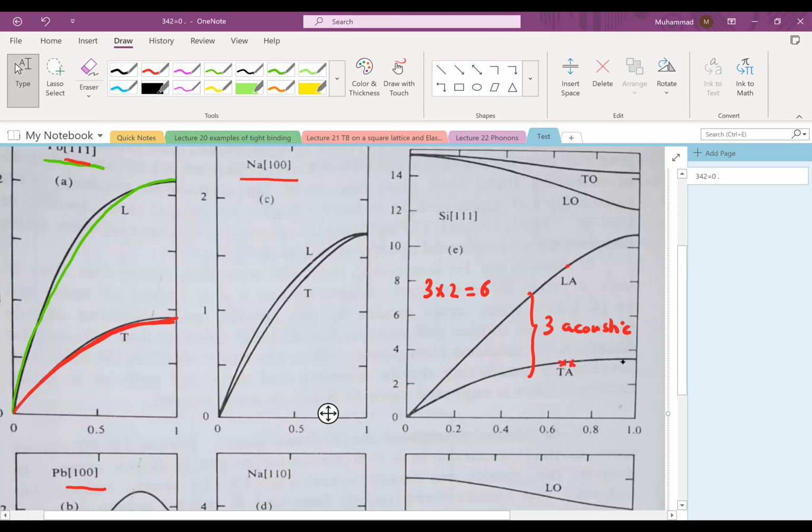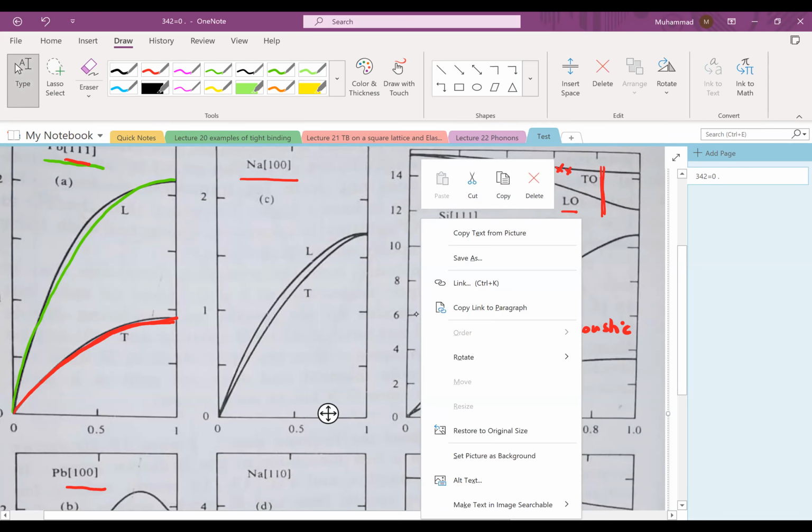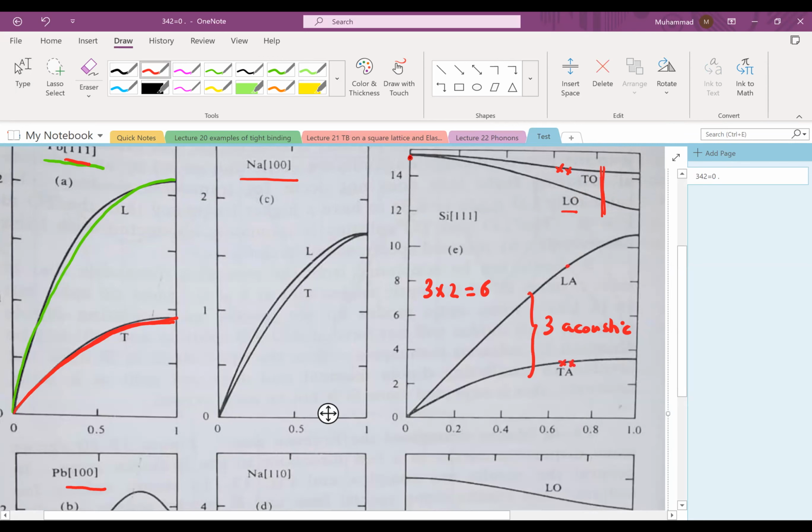The remaining 3 are optical branches: 1 longitudinal optical and 2 transverse optic branches that are overlapping with one another. And notice that in the k equals 0 limit, the longitudinal and the transverse optic branches are all degenerate, and all the acoustic branches are degenerate, and they start off at omega equals 0.